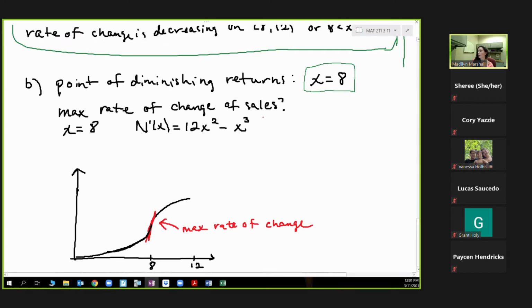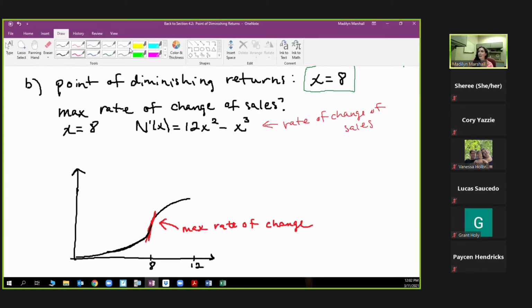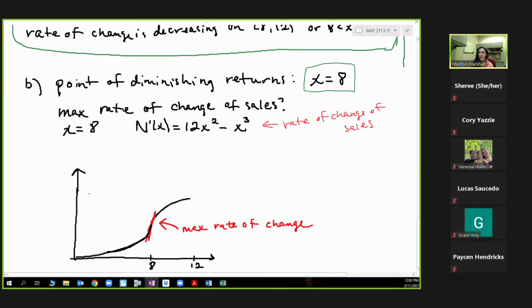The first derivative always tells us the rate of change of sales, or rate of change of whatever our function was. So if we know the maximum rate of change occurs when x equals 8, plug 8 into that. Exactly. We'll just plug 8 right in there.